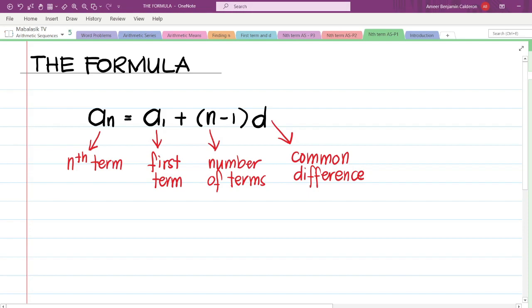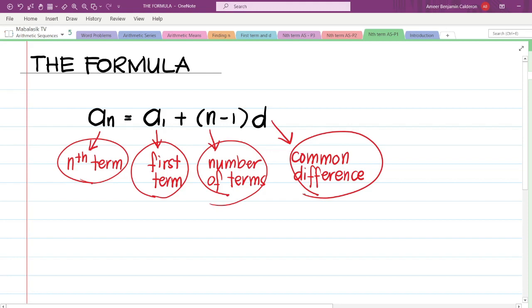So these are the four inclusions in our formula: the nth term, the first term, the number of terms, and the common difference.